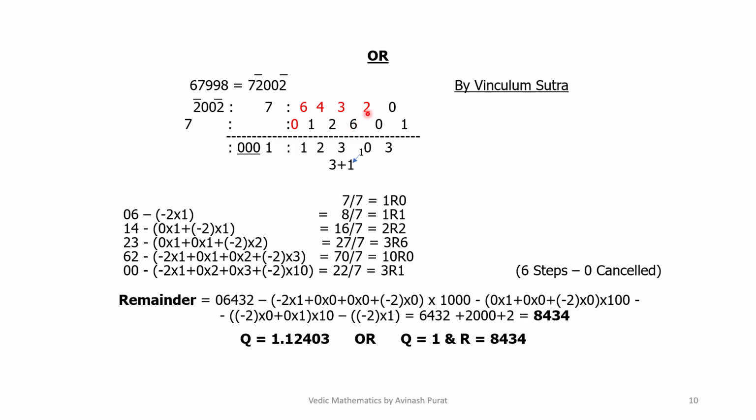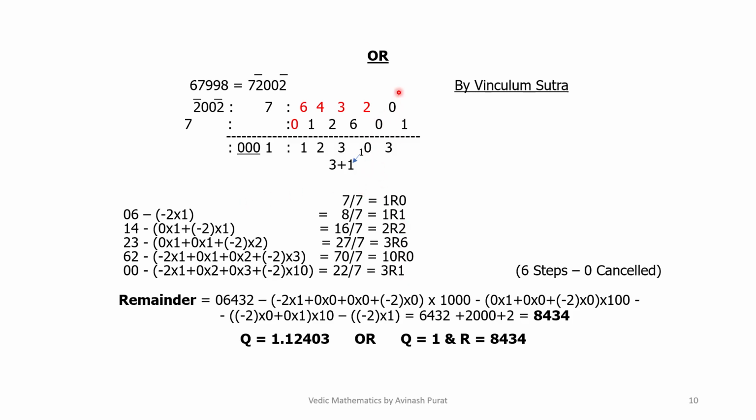So 62 is next dividend minus 2 into 1 plus 0 into 1 plus 0 into 2 plus minus 2 into 3, that is minus 2 minus 6, minus 8. So 62 plus 8, 70 divided by 7, we get 10 as quotient and remainder 0.